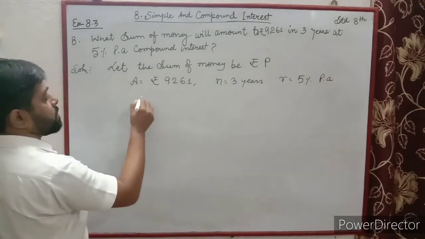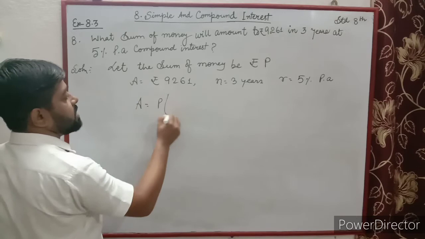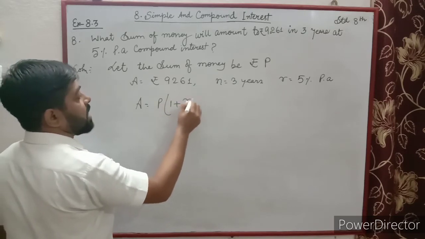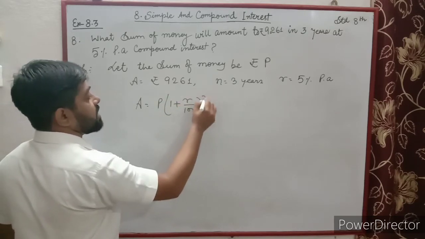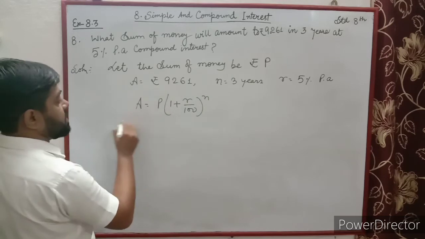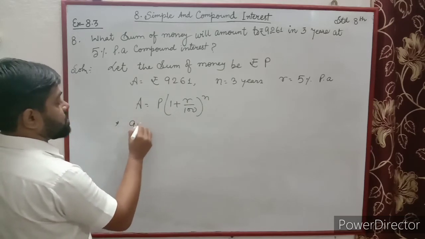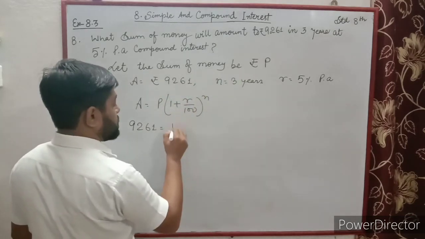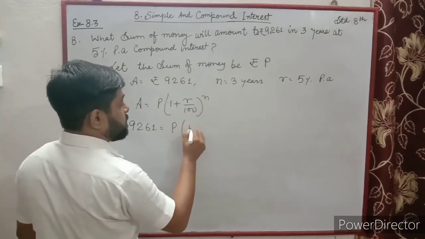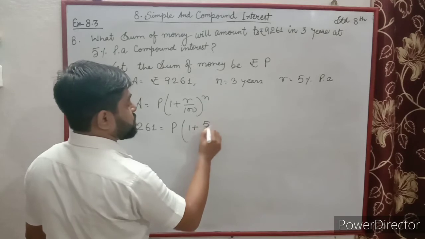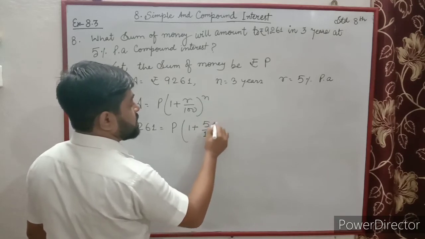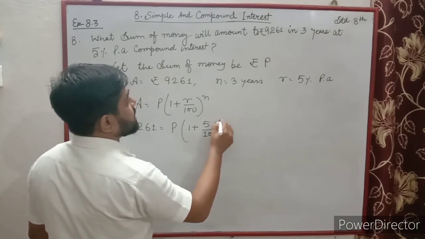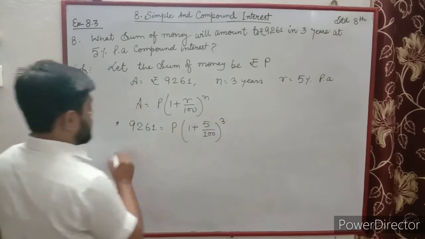So we can apply this formula. Amount is equal to P into (1 plus R by 100) to the power n. Now amount is given, 9,261. P is not given, principal, so we assume P. 1 plus rate of interest 5%, so 5 by 100 to the power cube.